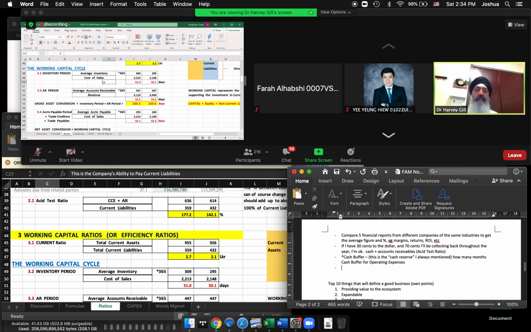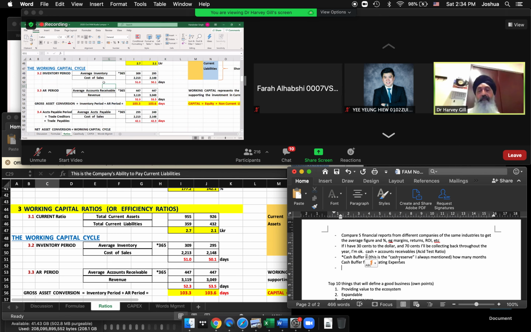Same thing with accounts receivable. We take the year-end accounts receivable, all receivables in fact, and then we divide it by revenue. These people have inventory of about just over 1.5 months.